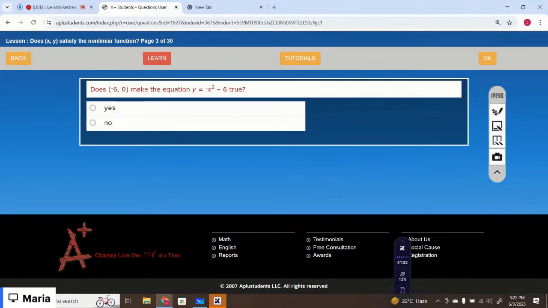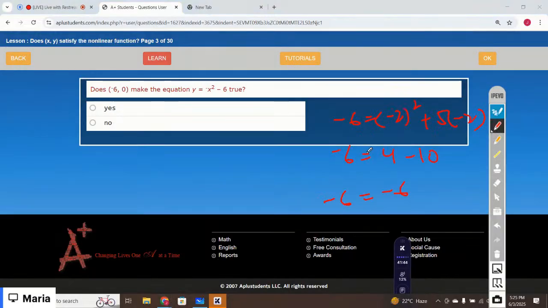Does negative 6, 0 make the equation true? Y equals negative x squared minus 6. Y is 0.